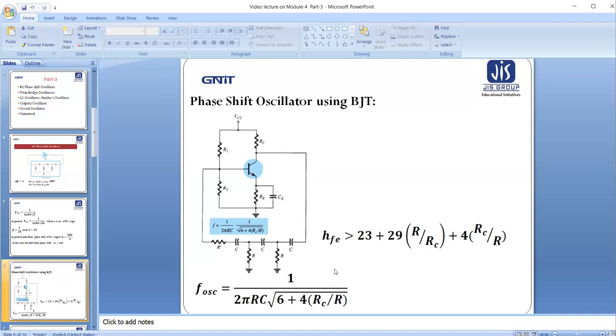These parameters are evaluated using the hybrid parameter model, but for simplicity, I have not discussed those tedious calculations.